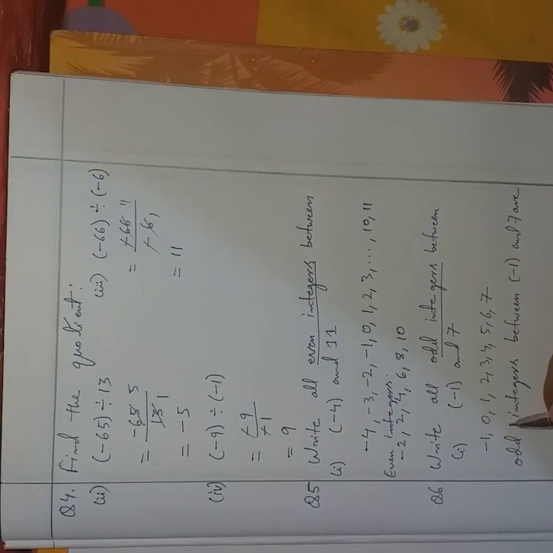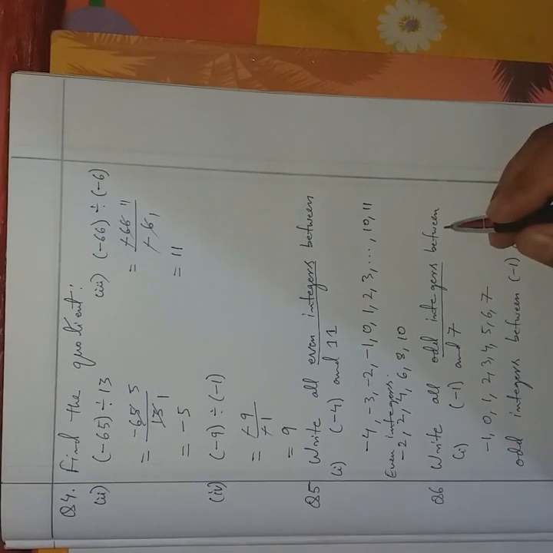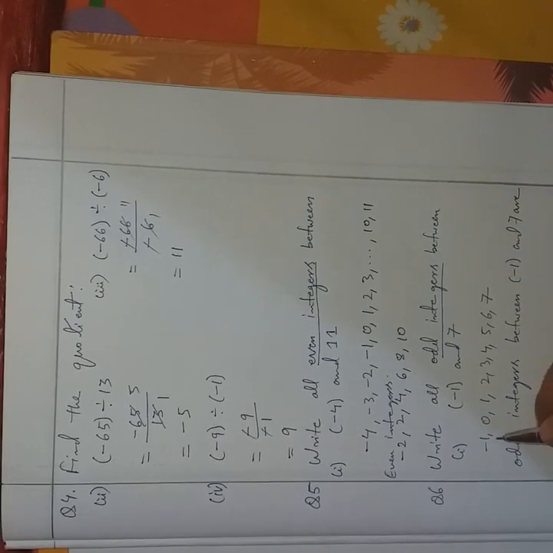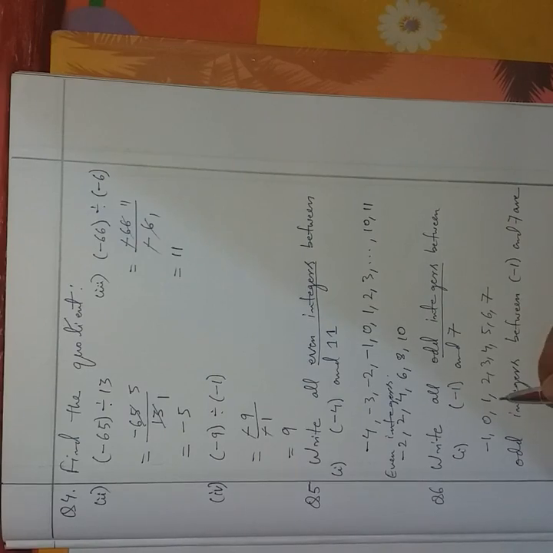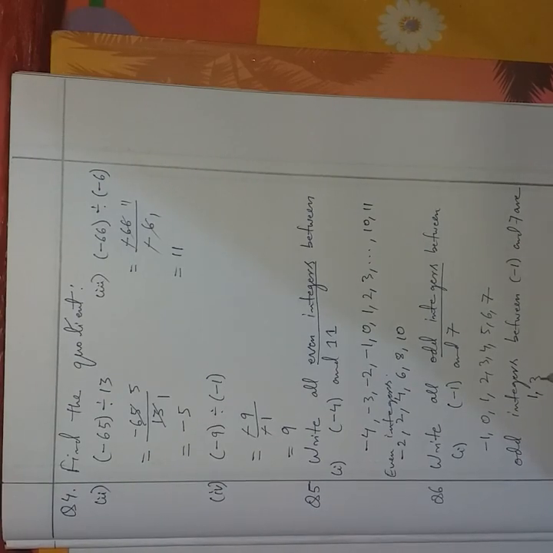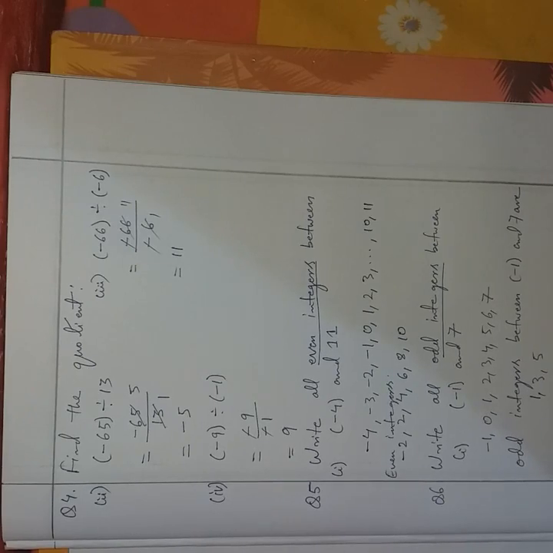So leaving this minus 1 and 7 because it is between, odd numbers we can see easily: 1, 3 and 5.